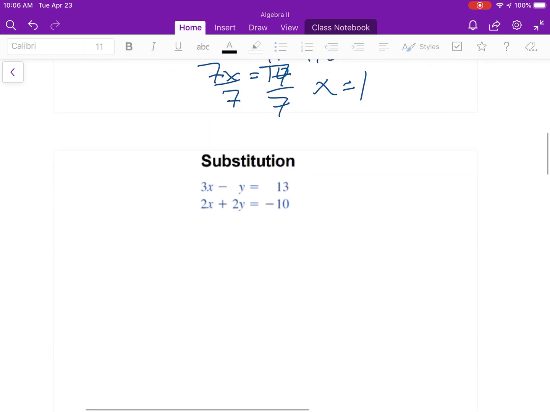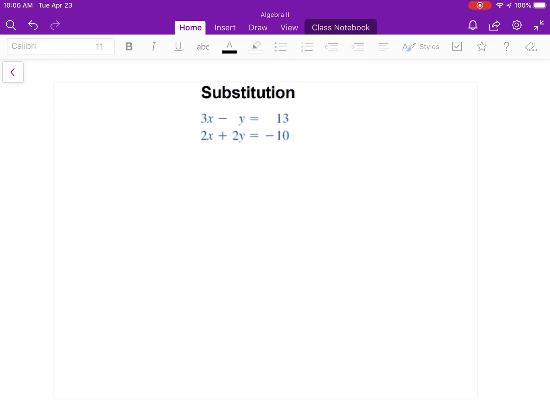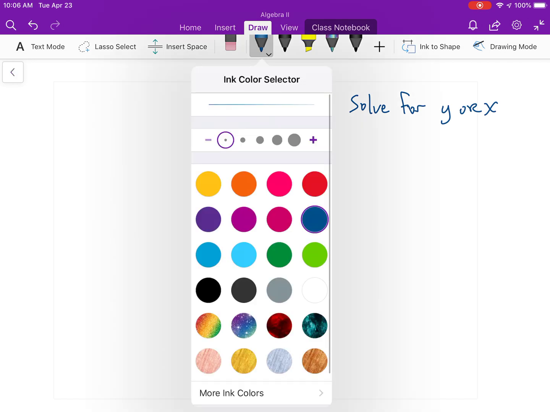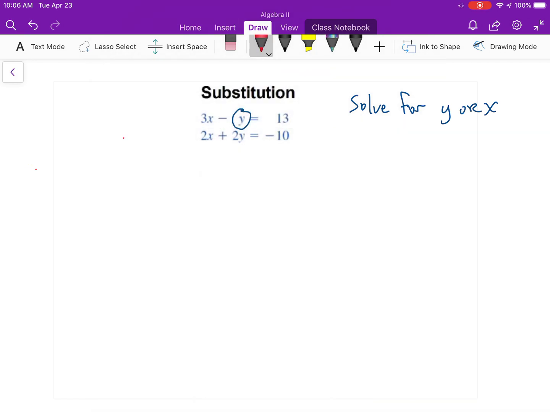So, solving by substitution. Solving by substitution means that you need to take one of the equations, it doesn't matter which one, and you want to solve for either y or x. Now, I'm going to pick y because I think I can take this equation right up here at the top and write it as a function of just y in a couple of quick moves.